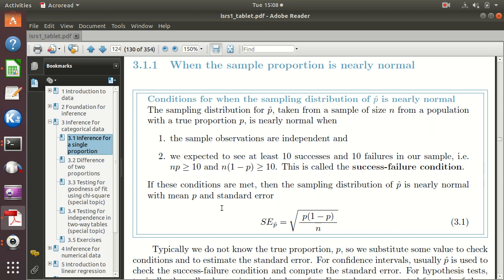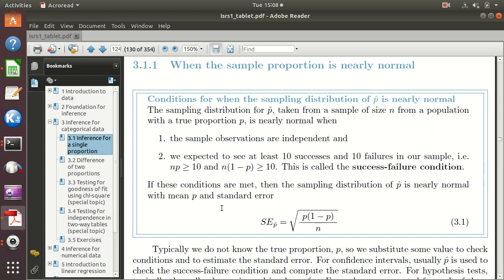Here, they don't mention n by itself at all, but they give a much higher number for n times p. They say 10, so twice as big. And of course, generally speaking, whenever you're using the normal distribution on things, you are assuming that your observations are independent of each other. So 10 versus 5, and where does n come in?